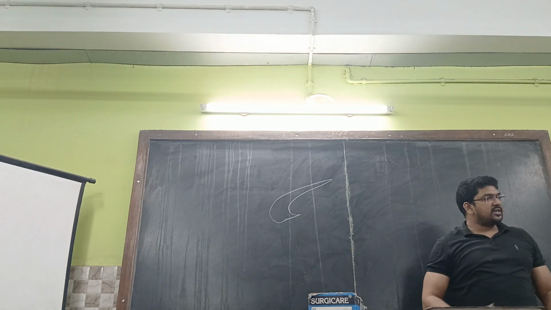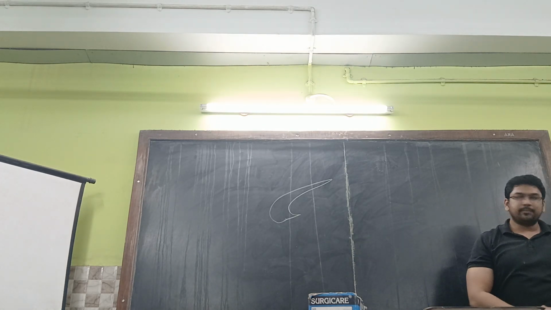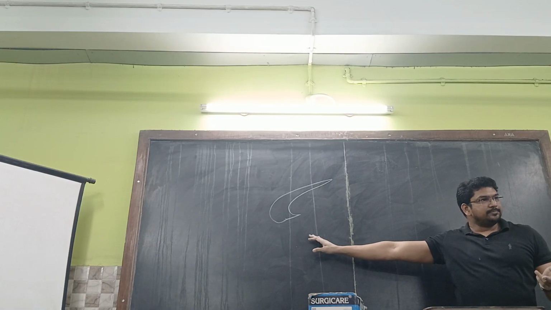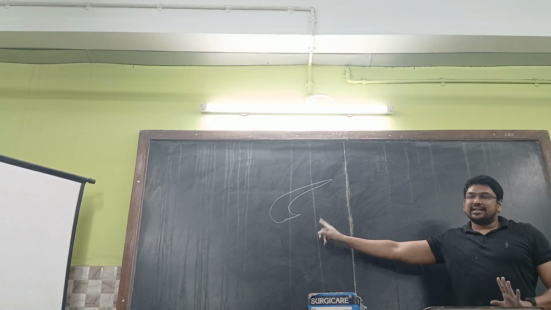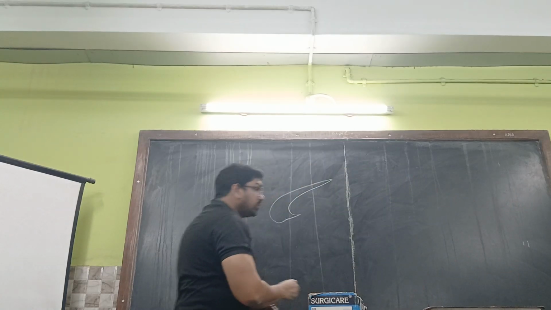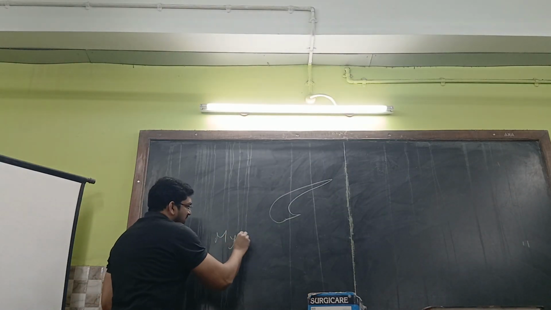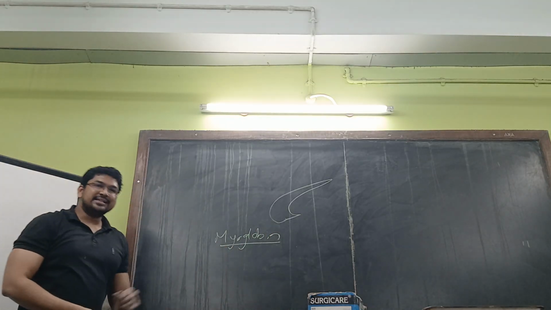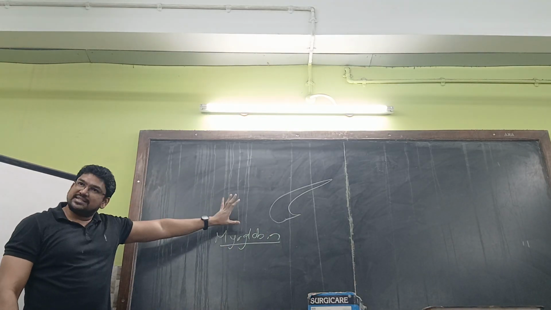Take the psoas major. Is psoas major skeletal muscle or smooth muscle? Skeletal muscle. Skeletal muscle will be having a protein. What is the protein termed as? Myoglobin is the protein which is present in the muscles.